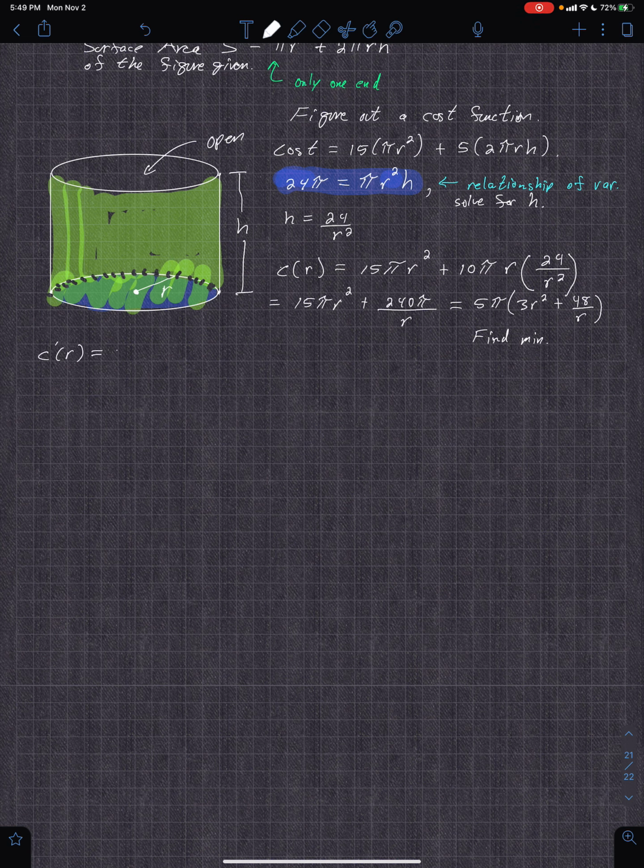Put it with one denominator, so it's r cubed minus 8 over r squared. Set that equal to 0 and solve. The numerator, just to point this out, actually factors as a difference of cubes, but the second quadratic is not factorable with real numbers.